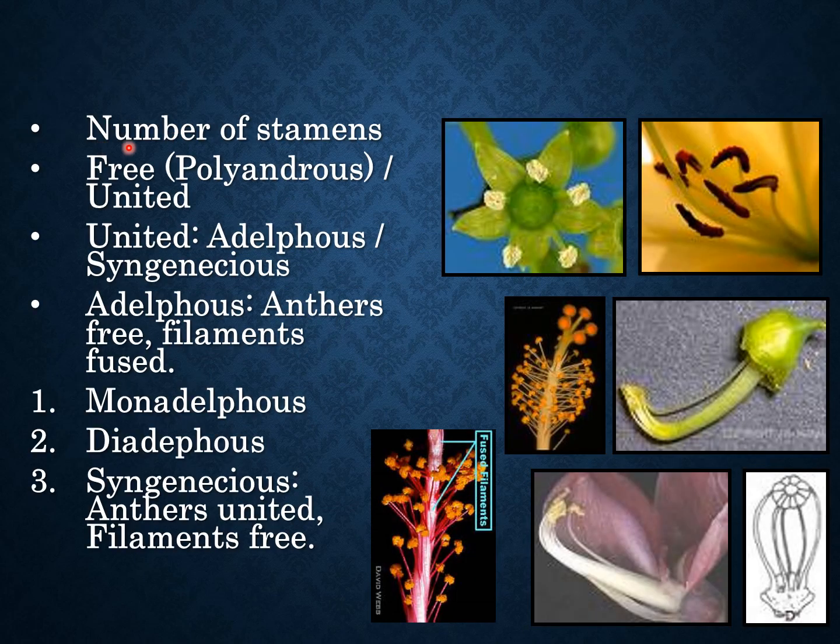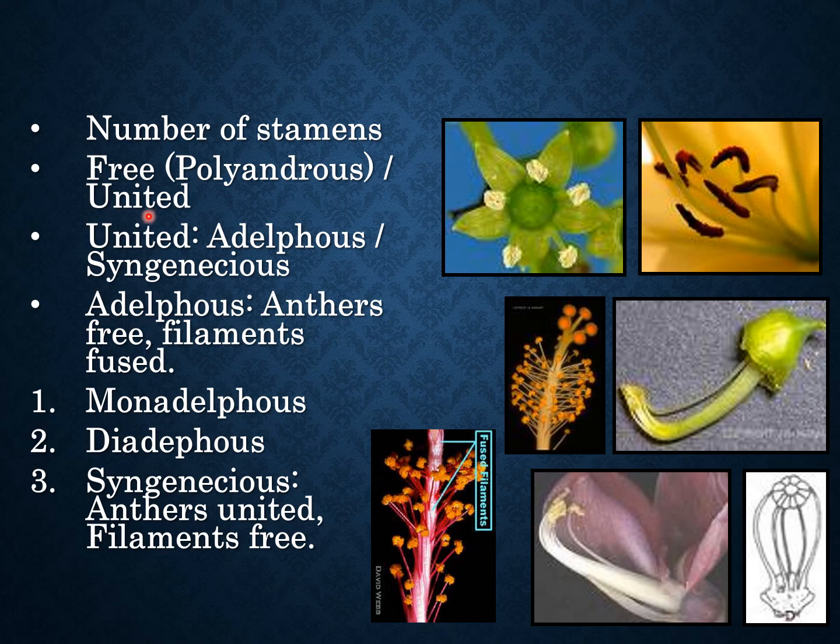You will notice the number of stamens in a flower, like 1, 2, 3, 4, and 5 stamens are present here. Here 6 stamens are present, and here you can see the stamens are indefinite in number.